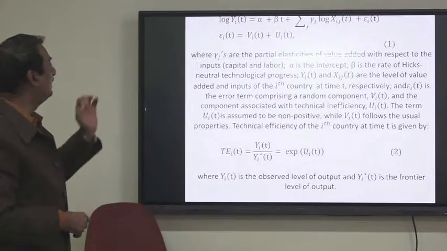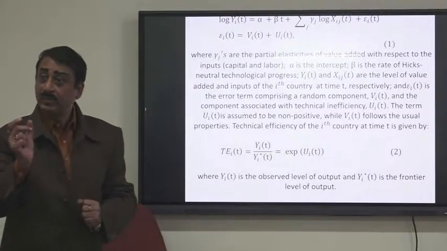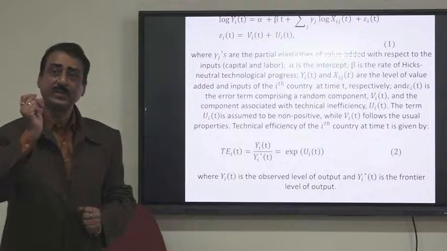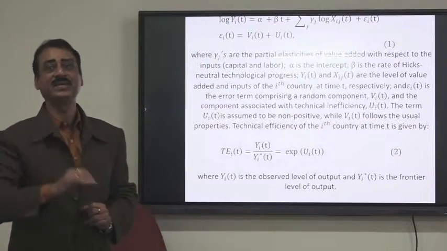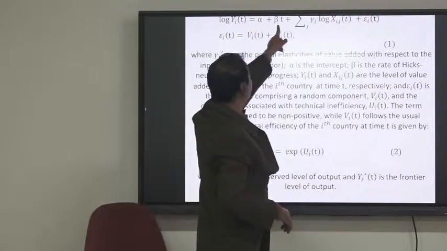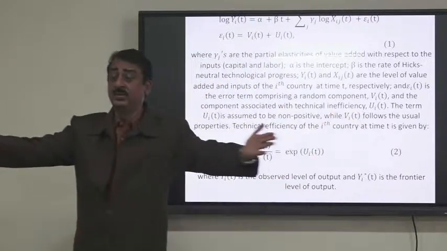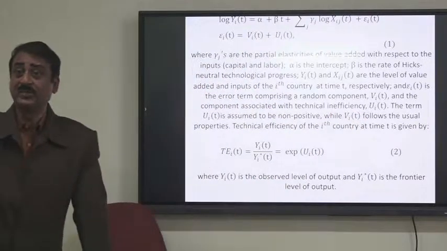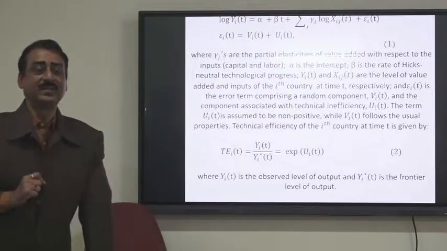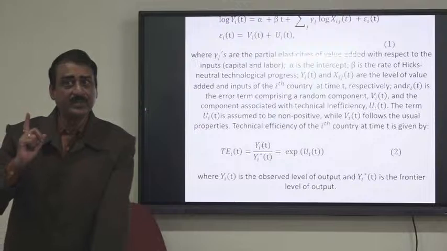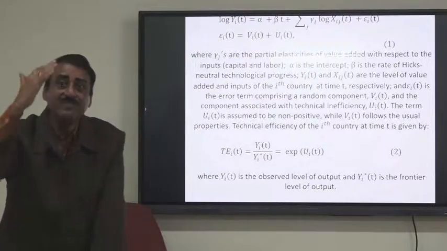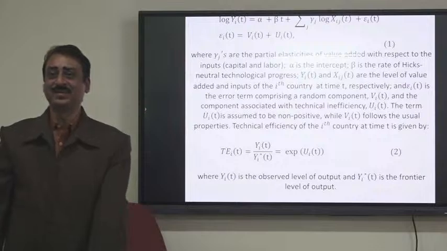And the interesting point here is that you are able to decompose the total factor productivity growth in terms of technological progress and change in technical efficiency. The coefficient of t in this equation, when you have done your regression based on 1000 observations, will give you the technological progress. Your only strong assumption is that technological progress is the same for all the industries, which is fine.